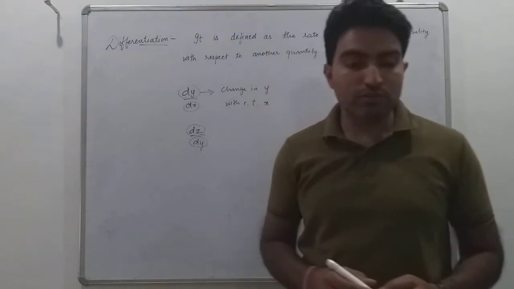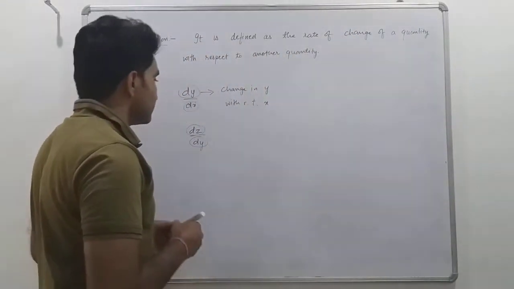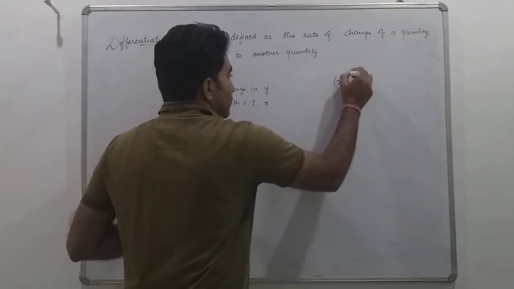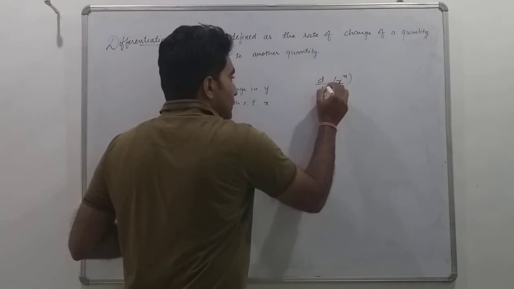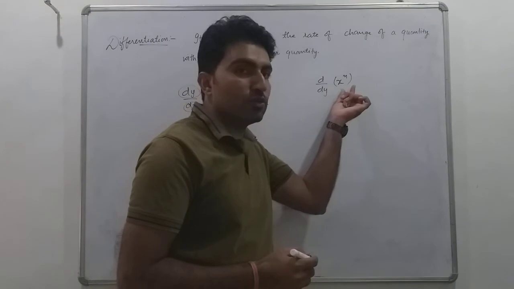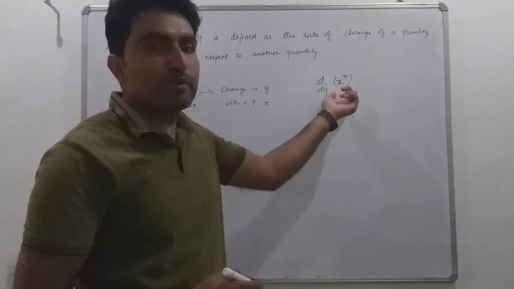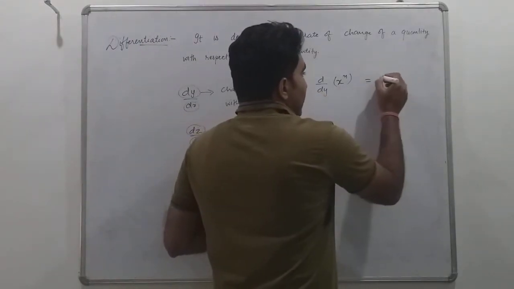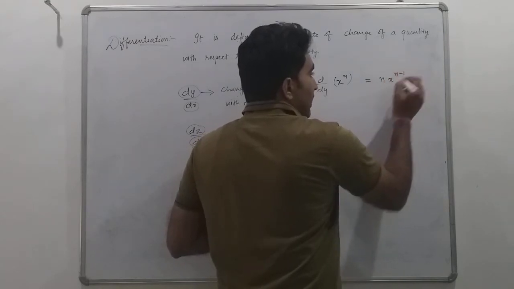Or suppose we have a term x raised to power n, and we have to differentiate it with respect to y. Here it is given that x is not a constant quantity, x is a variable. Then the differentiation of x raised to power n with respect to y will be equal to n comes forward, and we reduce the power by 1.